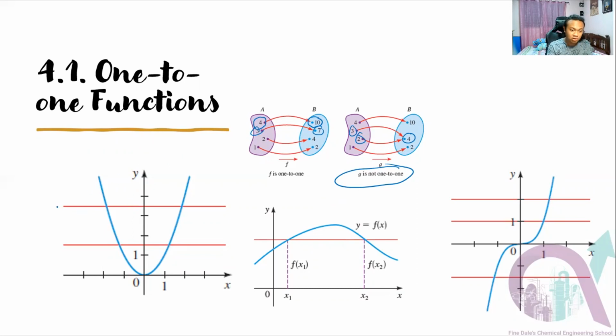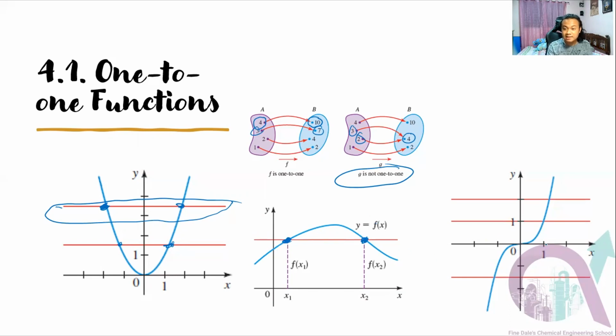If you draw a horizontal line, for example the red one, across the curve of the graph, and it touches the curve twice, 1, 2, and here also 1, 2, then it is not a one-to-one function. The same with the next example, it touches the curve twice, so it is not a one-to-one function.